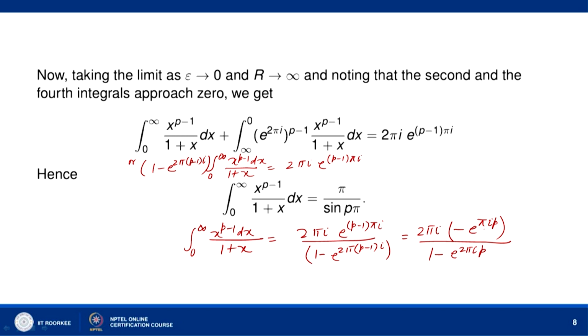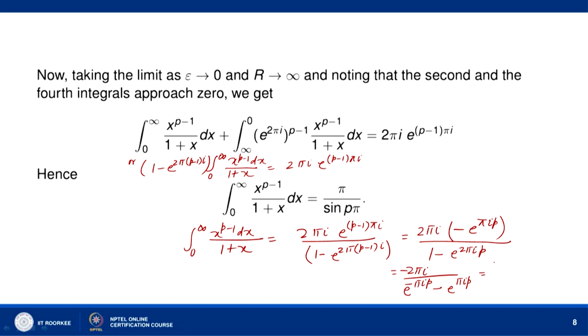And now e to the power pi i p we will divide in the denominator and numerator. So, we will get minus 2 pi i divided by e to the power minus pi i p minus e to the power pi i p, when we divide by e to the power pi i p in the numerator and denominator.